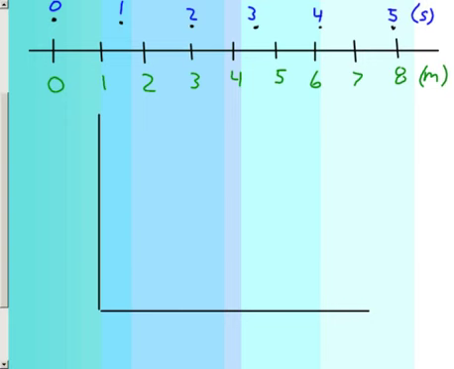Remember, on the bottom we're going to put time, and on the vertical axis we're going to put position. I'm going to write position, and I'm also going to put x so we know that we're dealing with x. We'll put a parenthesis around time as well. How far do we have to go with time?